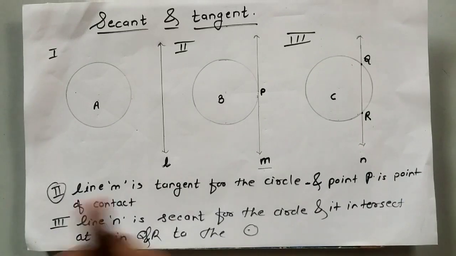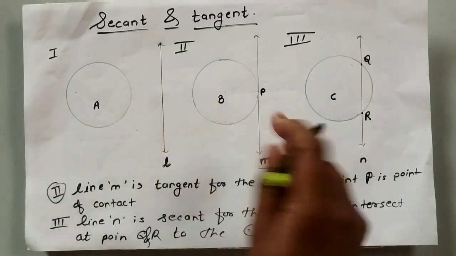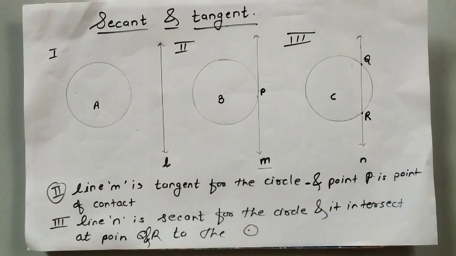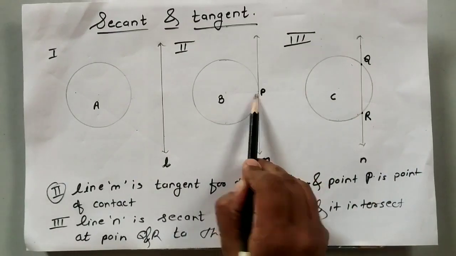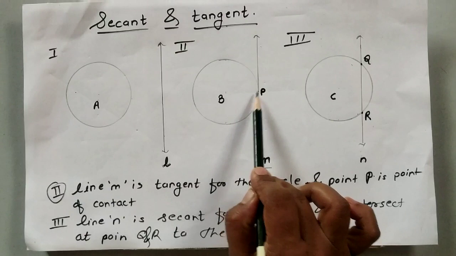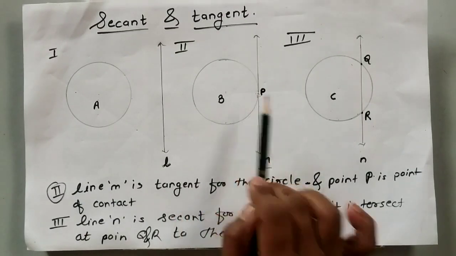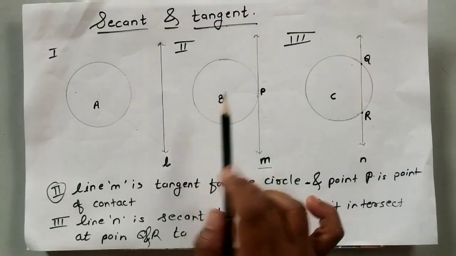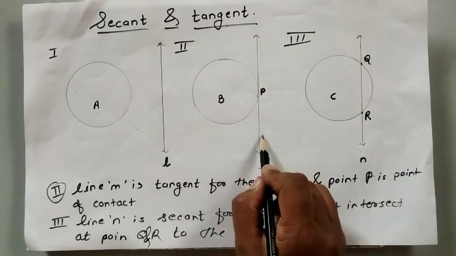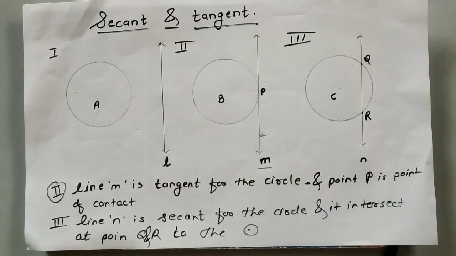So from this we understand that if a line touches the circle at only one point, that is, there is only one point of contact between the line and the circle, then the line is a tangent for the circle.